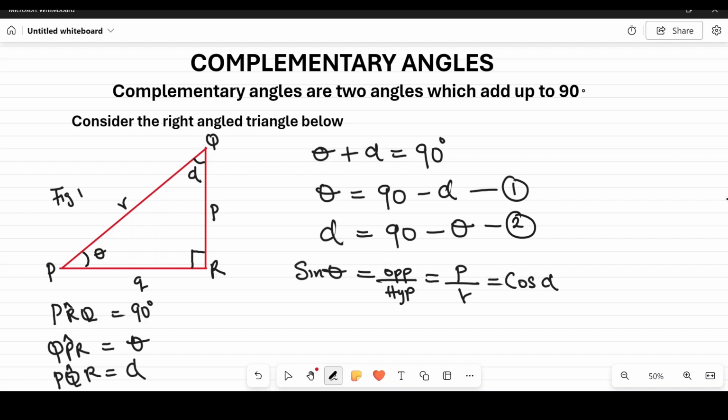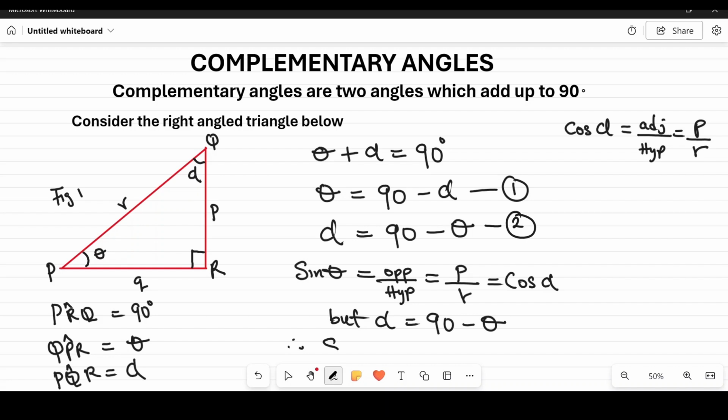Now note that cos alpha is equal to adjacent over hypotenuse. So therefore, this is equal to P divided by R. But we know that our alpha is equal to 90 minus theta.